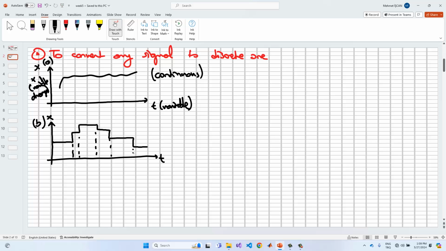Have you heard of it? Have you seen this signal? In this case, we have x constant, right? In the definition. But t is variable, right? This is the quantized signal form. Okay? This is the definition of this one.